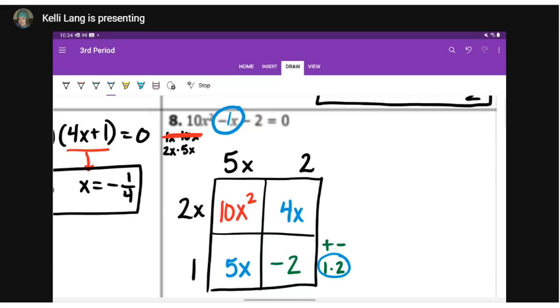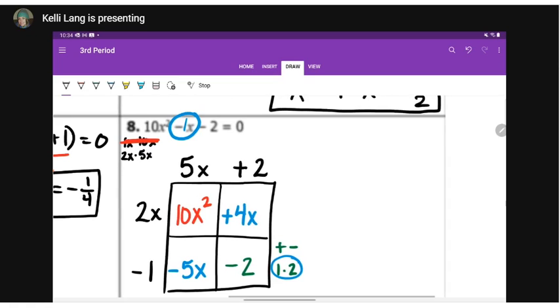So now let's figure out where our pluses and minuses go. We need these two blue numbers to add together to give us a -1x. So the 5 has to be negative and the 4 has to be positive, making the 1 a negative and the 2 a positive. Be careful as you rewrite this in factored form.